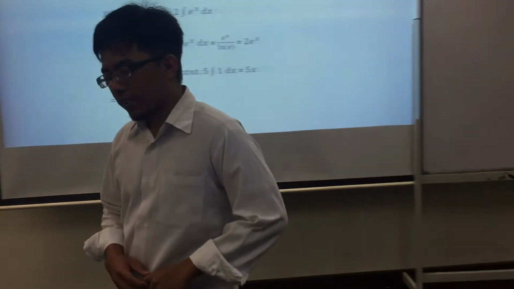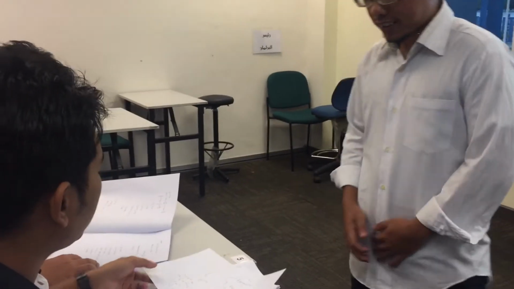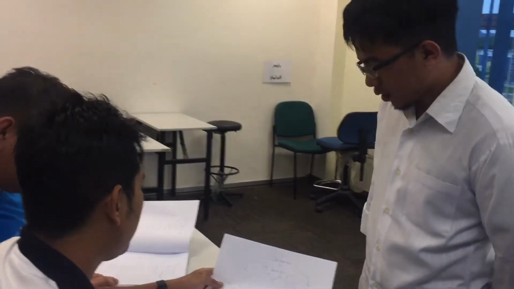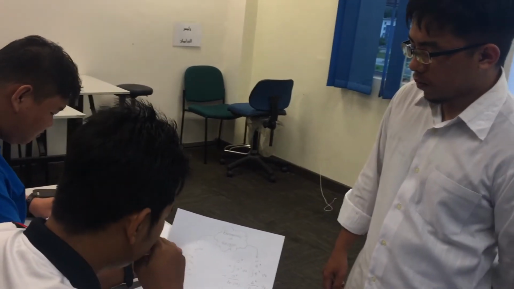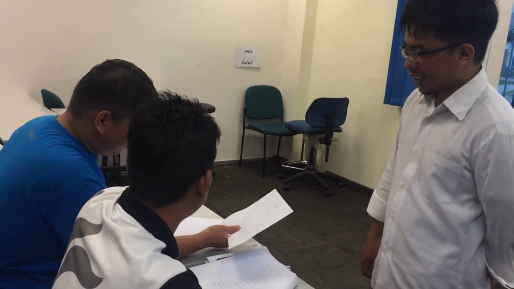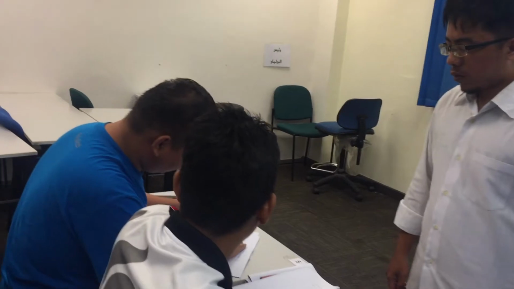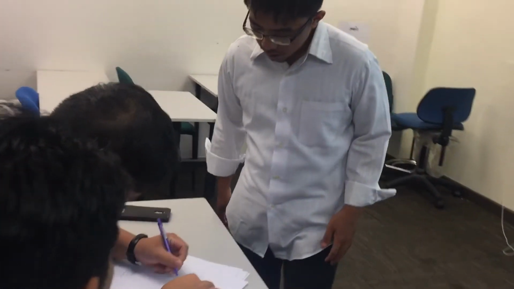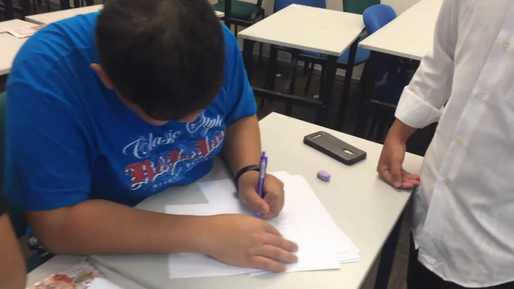Alright, thank you. For the boys, may I ask you to explain what is in the mind map? What I understand with this mind map is when the exponent is e to the power of ax, it will become 1 over a e^(ax) plus c.